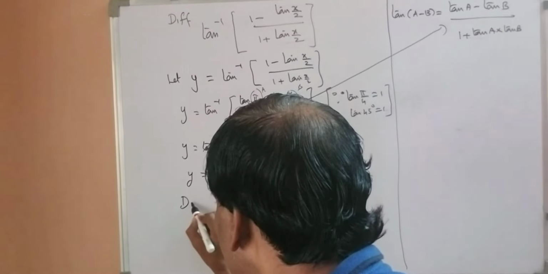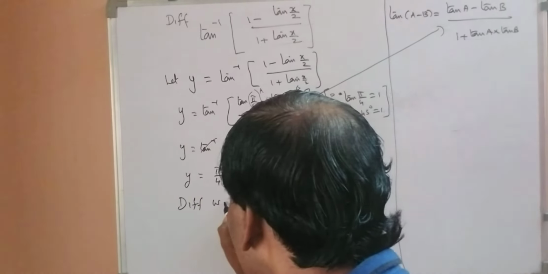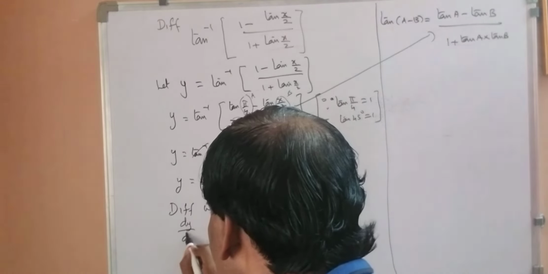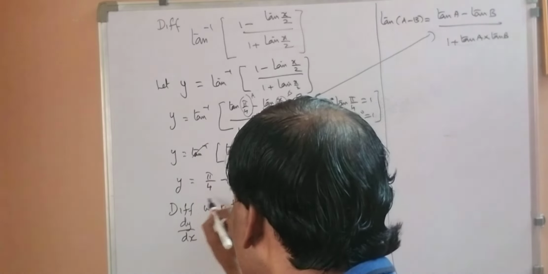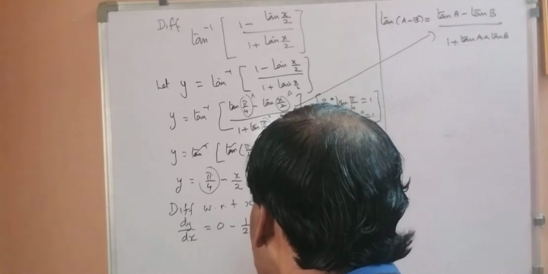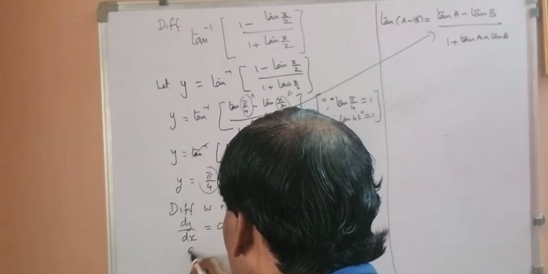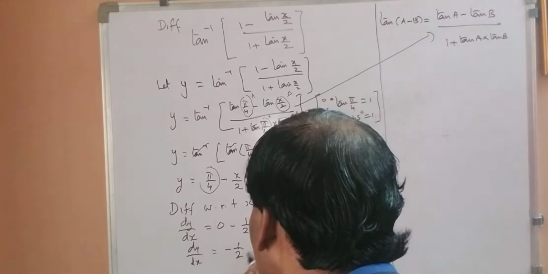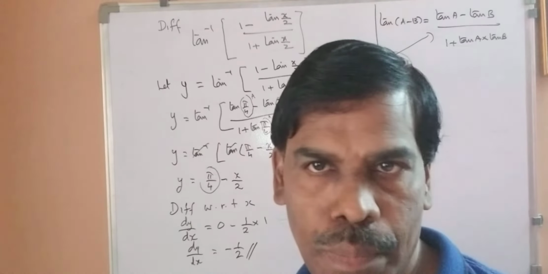Now differentiating with respect to x. So dy by dx equal to, what is the derivative of constant? 0, minus 1 by 2 into the derivative of x, which is 1. So dy by dx equal to minus 1 by 2. How simple is it?